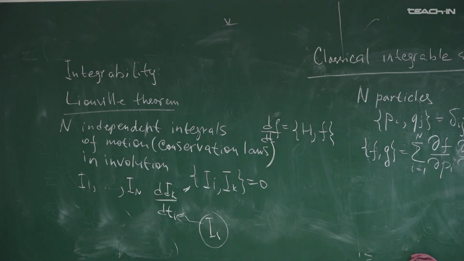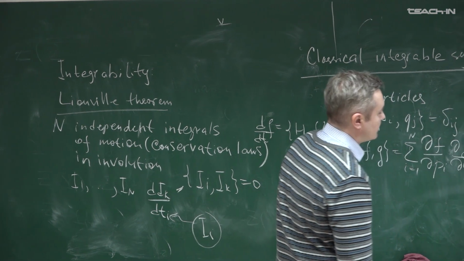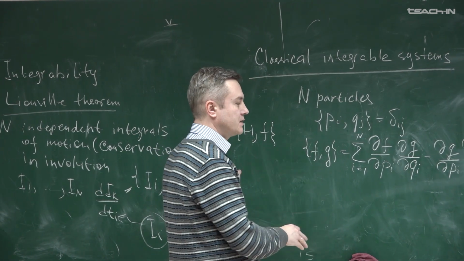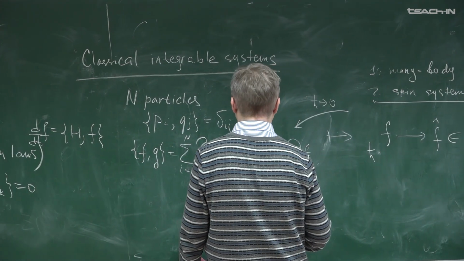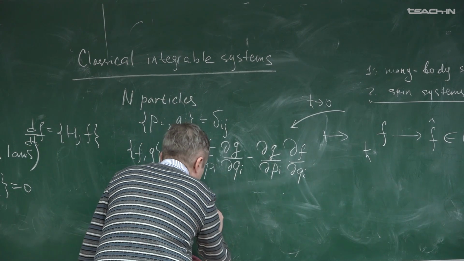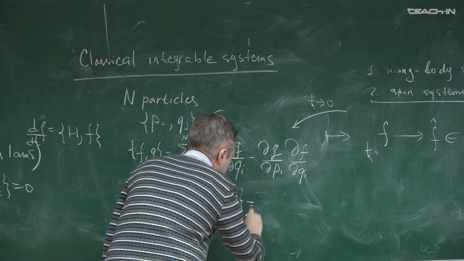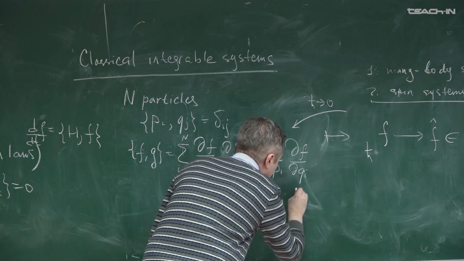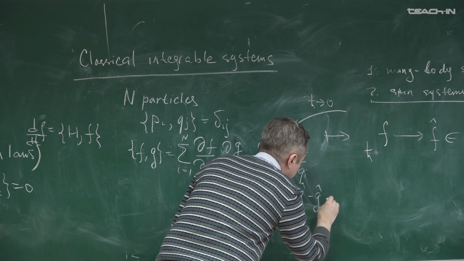And at quantum level, yes, there is also a widely known relation between classical and quantum mechanics, which says that the Poisson bracket between two functions is equal to the limit of commutator of operators divided by Planck constant.